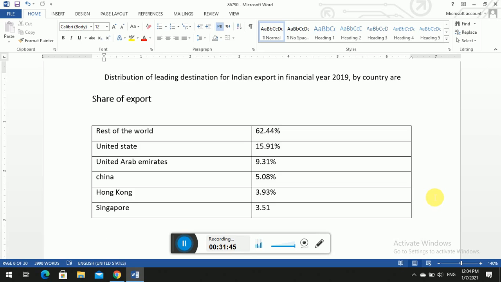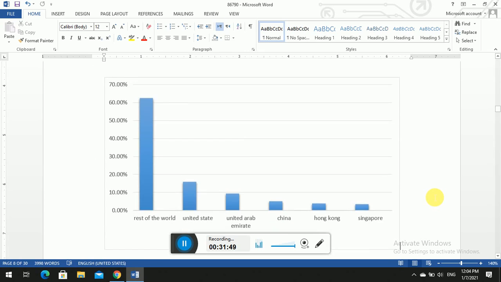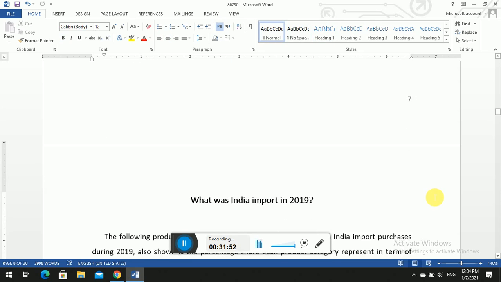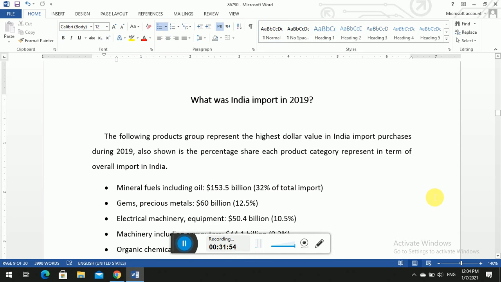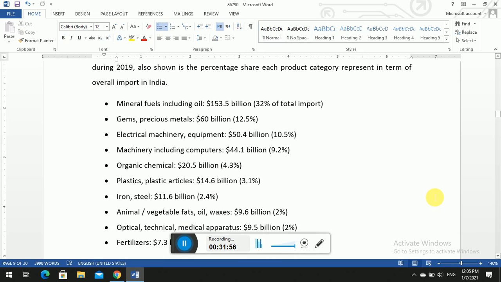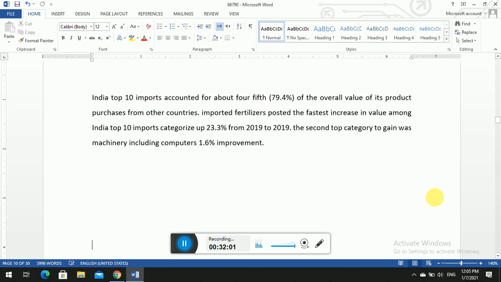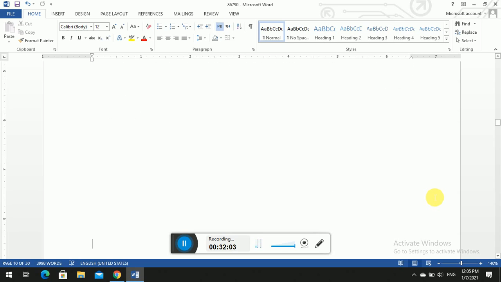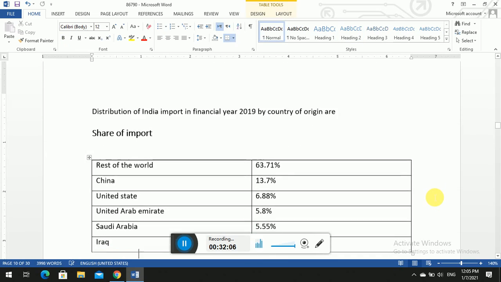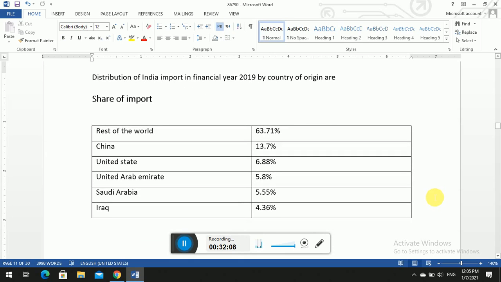The United States is the largest importer from India, then the United Arab Emirates. Then we discussed imports, the top 10 imports of India, and from where they are importing, their largest partners. China is the largest, the highest import was from China, then the United States, then the United Arab Emirates, then Saudi Arabia, and Iraq.